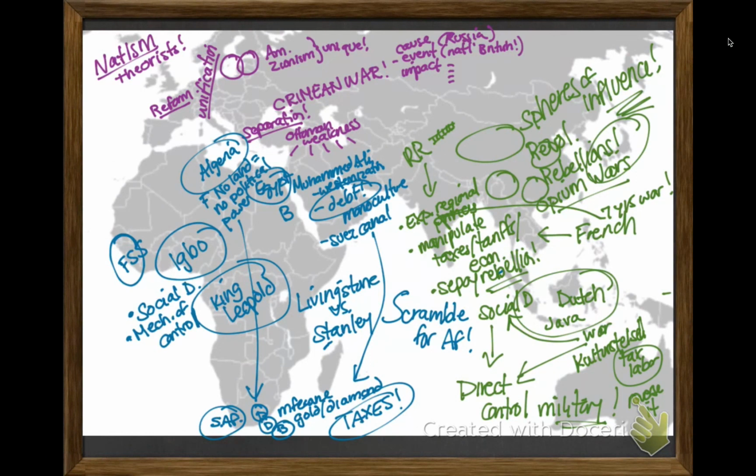And then lastly, Japan, which is somewhat different. It's a case study where they're actually successful in rebelling against and separating from the colonial powers. They also have spheres of influence initially, but how do they break these bonds? They copy the West. When they copy all of the rules and regulations that the West has, there is no more justification for extraterritoriality.